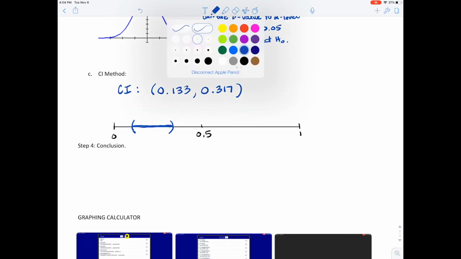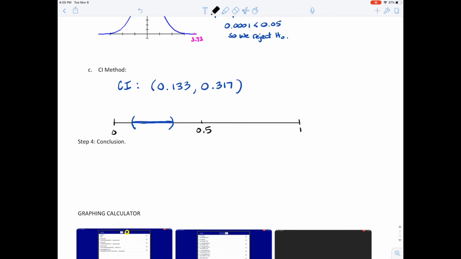Well, where does our P0 land? Remember that P0 was equal to 0.1, right? Well, 0.1, different color, 0.1 is going to be somewhere around here. And you see that's outside of the interval of likely values, right?